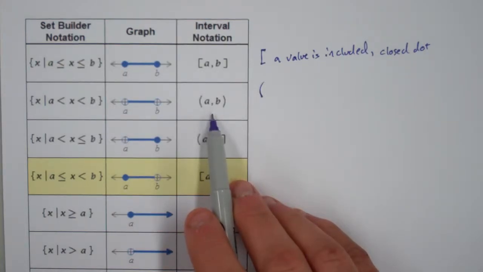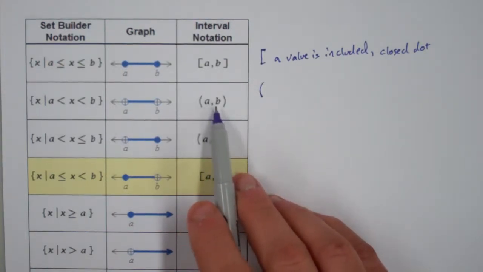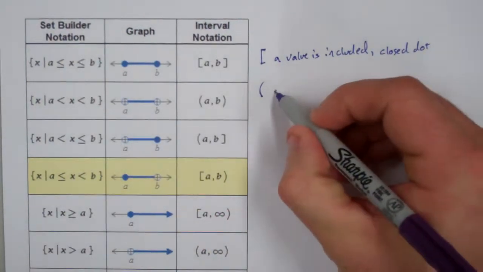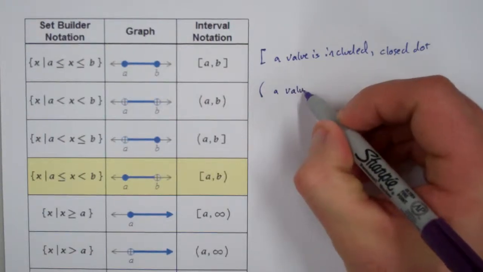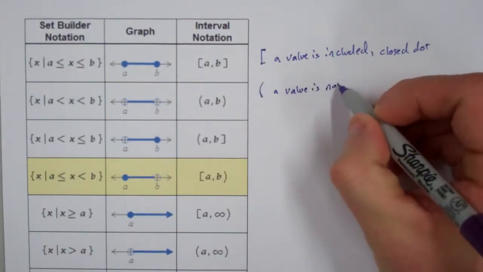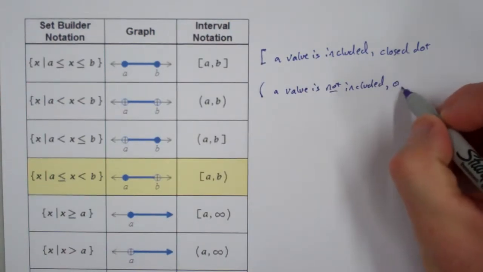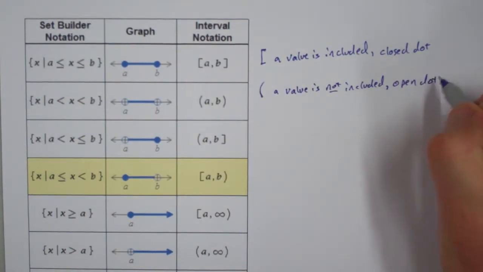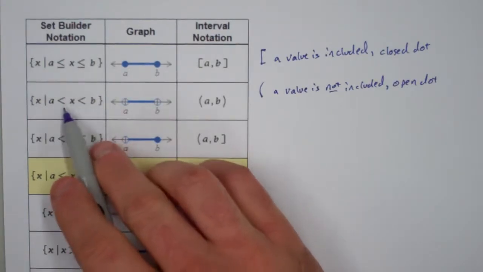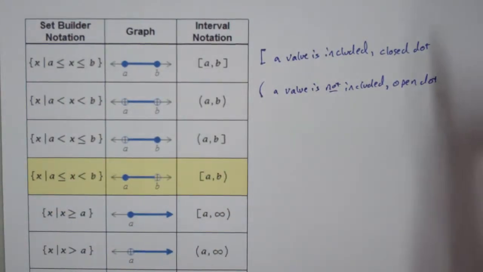This is interval notation, and so the lower value is A, the higher value is B, but not including either A or B. So we'll write here that a value is not included when we use the parentheses. It's like an open dot, or the lack of an equal to symbol under here.